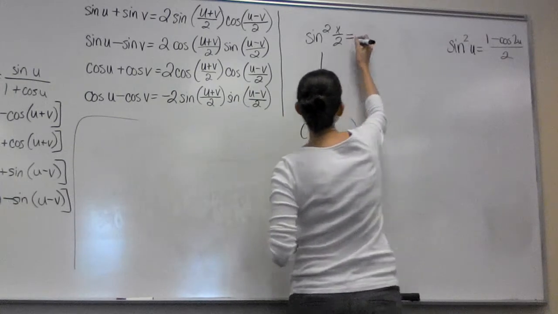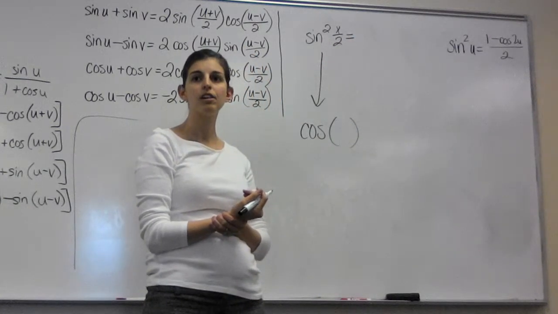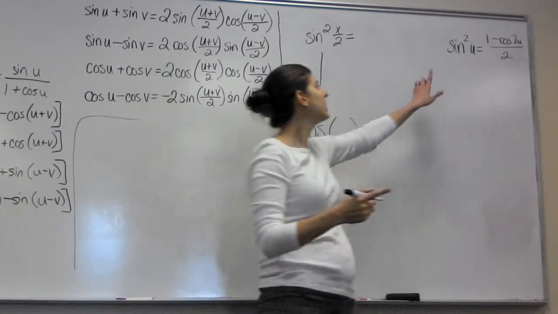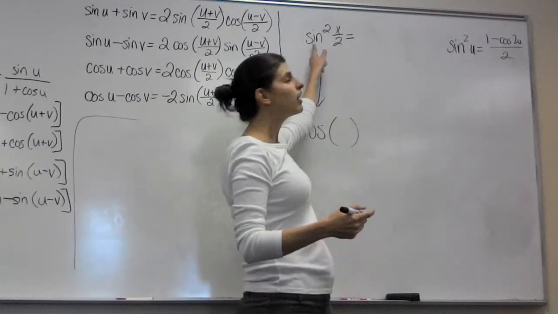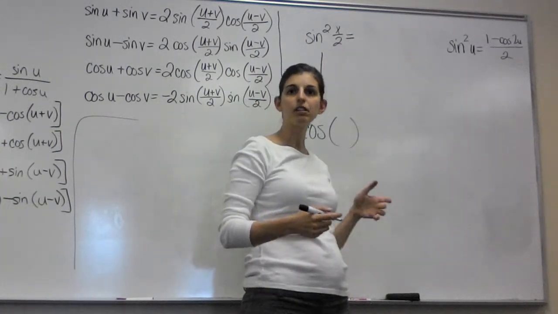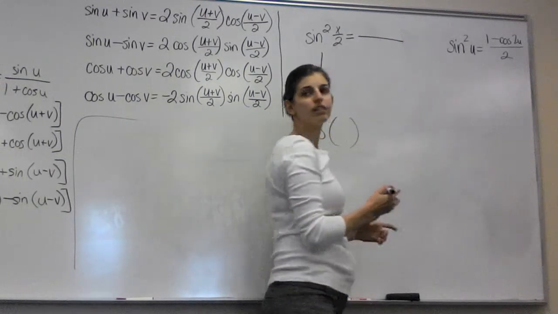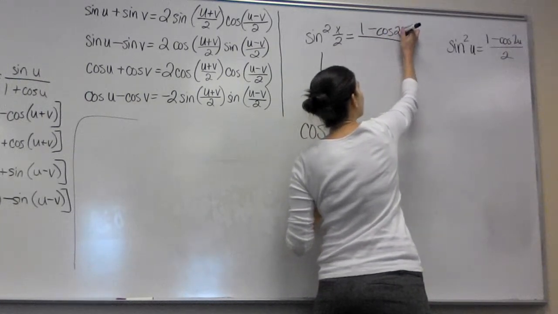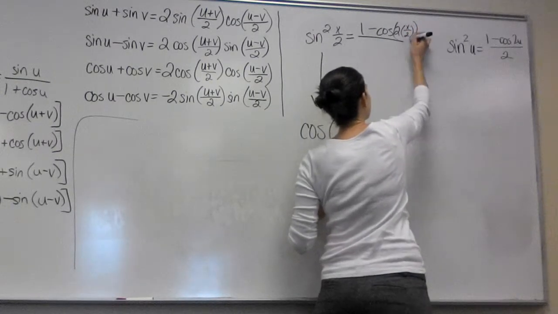So what is sine squared of x over 2 going to be? 1 minus, this is already equal to sine squared, so I don't need to deal with the squared part. Does that make sense? Wyatt, go. 1 minus the cosine of 2 times, in parentheses, x over 2, and then over 2.